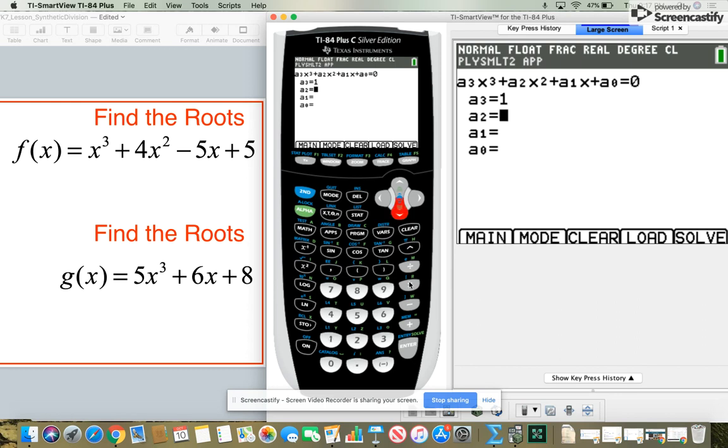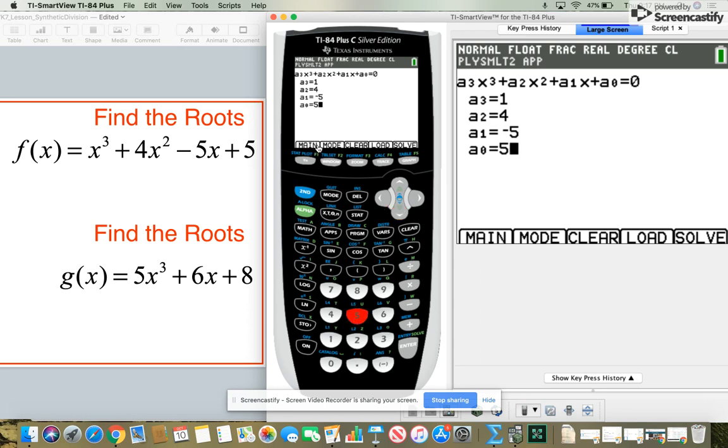Then I can come down and type in 4 because that is the coefficient paired with x squared. I can come down and type in -5. Note that I use the negative button and not the subtraction button here. Then I can come down and my constant is +5.